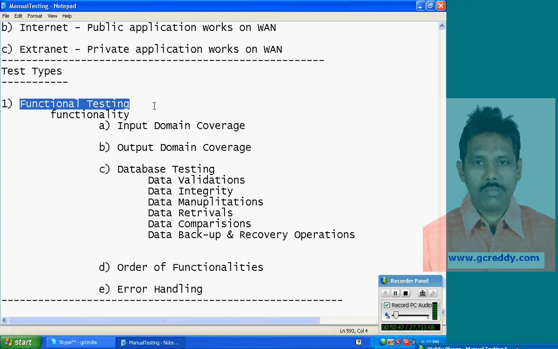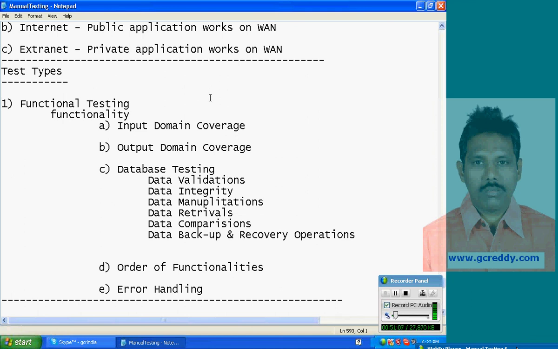Testers may vary from one test level to another, but what is our area? Tell me, Lalita, what is our area? System testing level or phase.